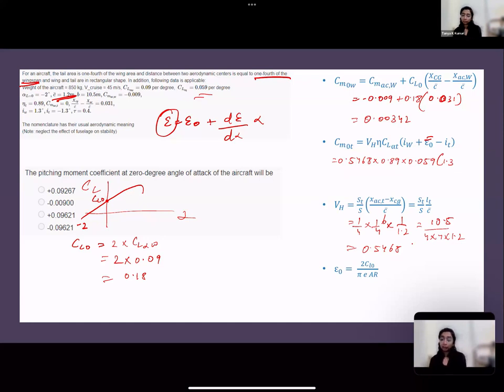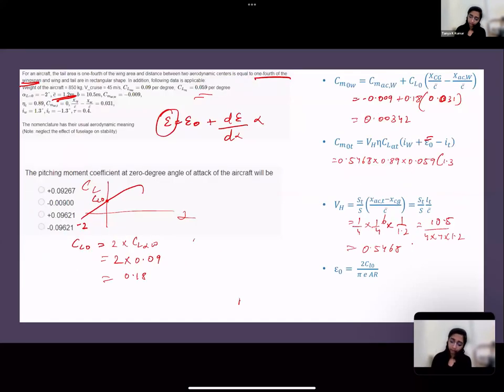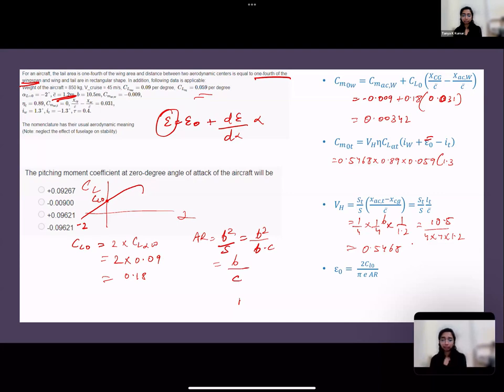How do you find out aspect ratio? What is the formula for aspect ratio? B square by S. And it's a rectangular wing, so you have B square by B into C, so you have B by C. Now find out epsilon naught.